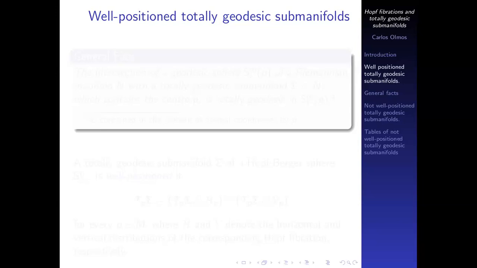CP what n? The complex projective space. Yeah, but which n? I mean the Berger 3-sphere, meaning that you take the standard Hopf fibration over CP1, right? Over CP2, sorry.